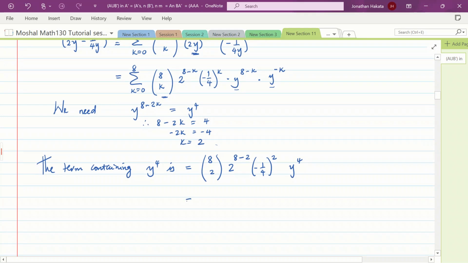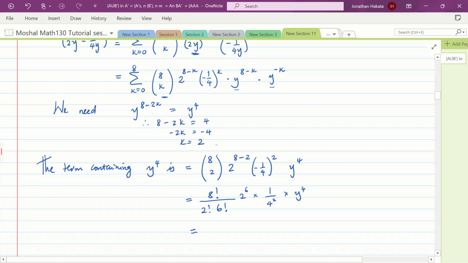So if you simplify further, then remember the choose is simplified to 8 factorial over 2 factorial times 8 minus 2, that's 6 factorial, then 2 to the power of 6 times, the negative sign because of the square will disappear, so we end up with 4 squared times y to the power 4.